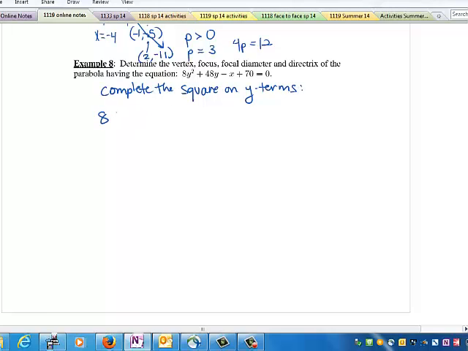So I'm going to factor out the coefficient on y squared from every term involving y. Leave a blank space to add something to that group. And I'm actually going to move the x and the 70 to the other side. So I'll have x minus 70 on the other side.